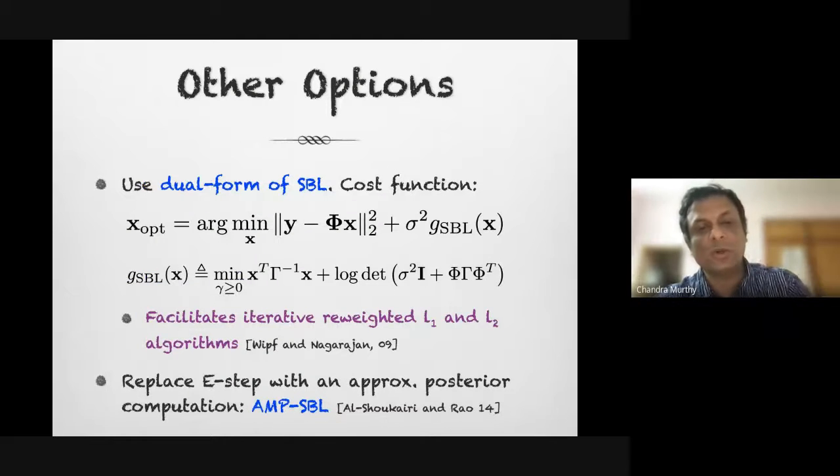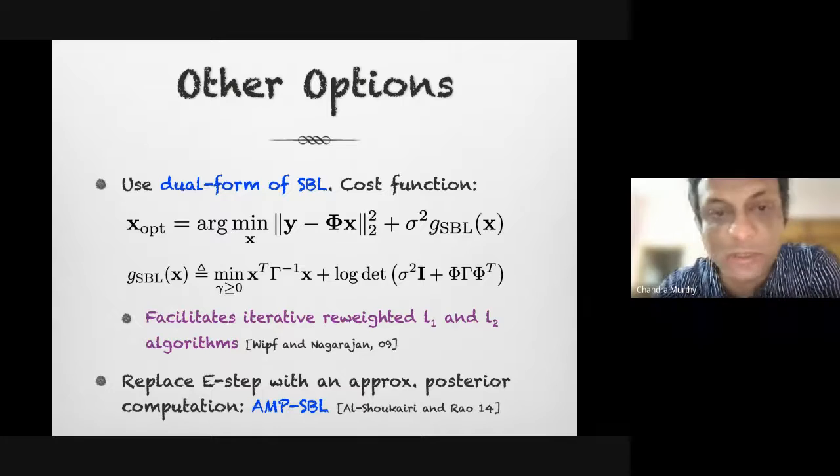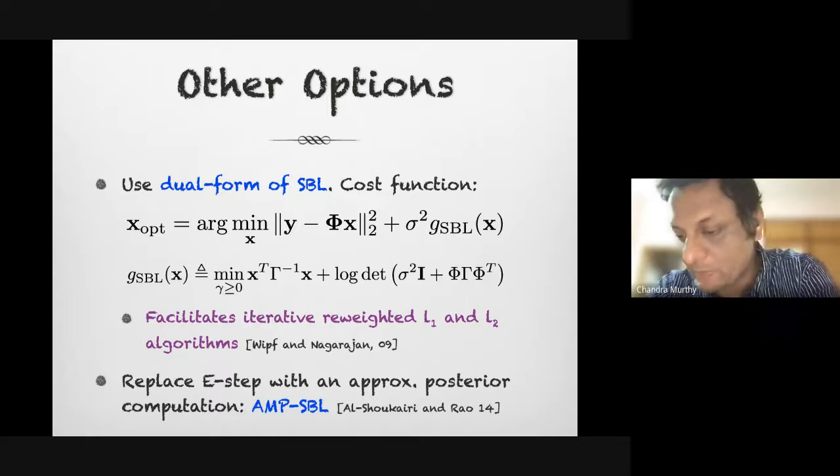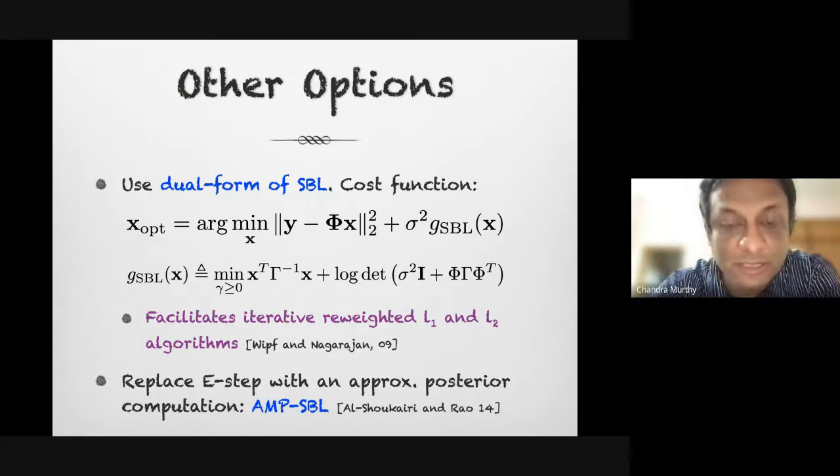You can go to a dual form of the cost function, the SBL cost function, which is given here. And that can actually facilitate the development of iterative reweighted L1 and L2 algorithms for sparse Bayesian learning, which can also be faster than the MSBL algorithm.